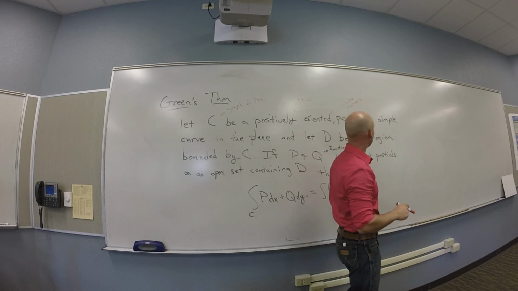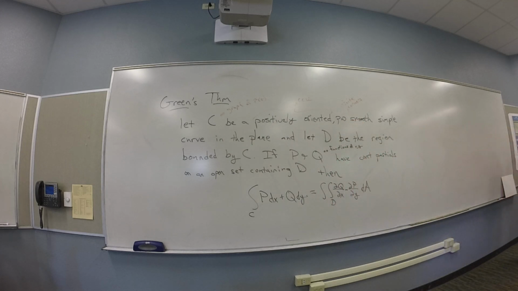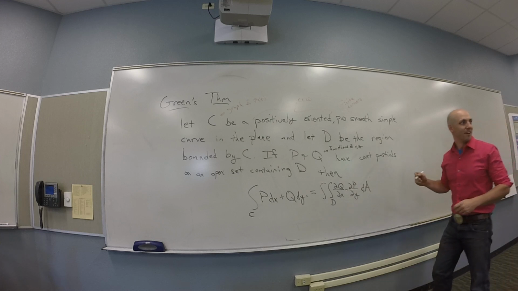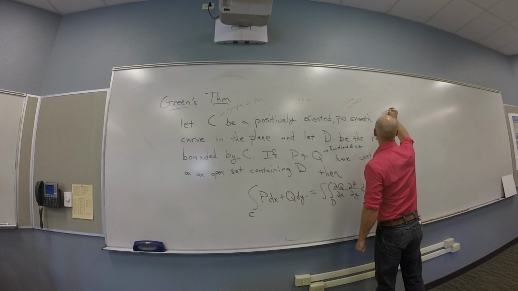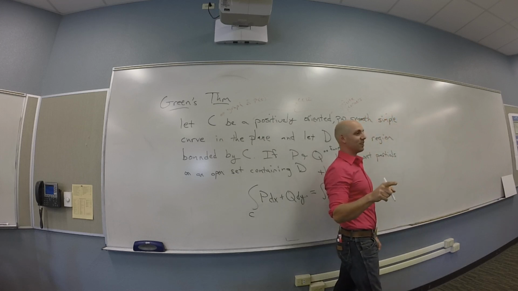Okay. What's simple mean? This might be a new word. I mean, we kind of all grasp what it means, but describing it is harder. It's better that you think you don't know what simple means. Simple means very specifically that it's non-self-intersecting.